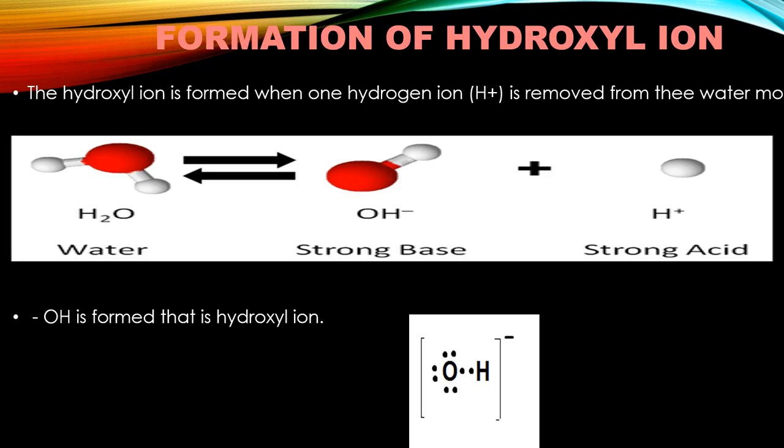When an OH group is present, we know that it is a base group. So this hydroxyl ion is also a strong base. It is represented by this electron dot structure, OH and then minus. See here, the hydrogen is sharing one electron with the oxygen atom. It is not a coordination bond, it's a covalent bond.